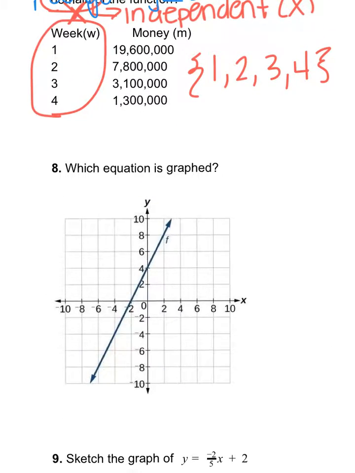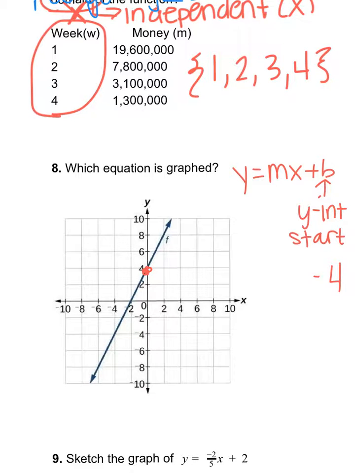Number 8, which equation is graphed? Remember, we're using our form y equals mx plus b. So if we find this, our y-intercept, which is also our starting point, it's right here at 4. Positive. And then we can just find our slope.